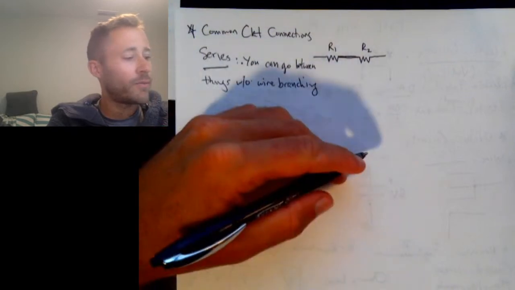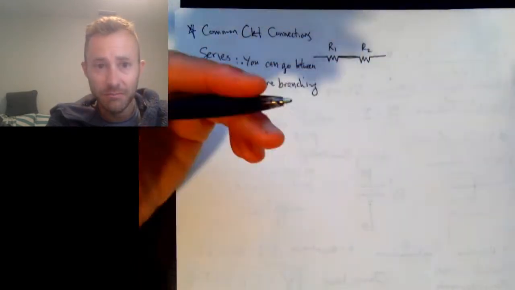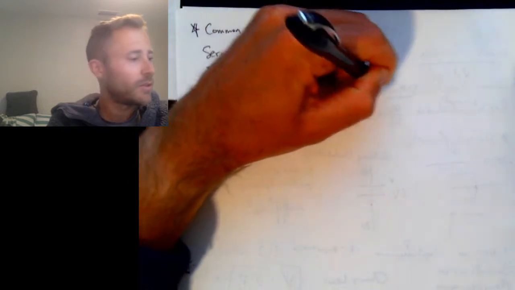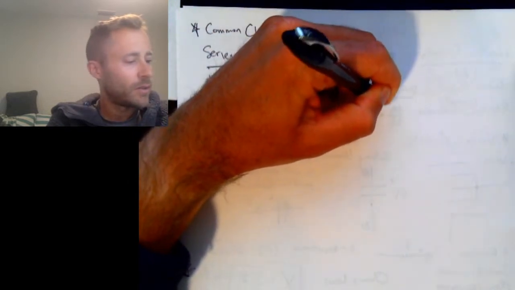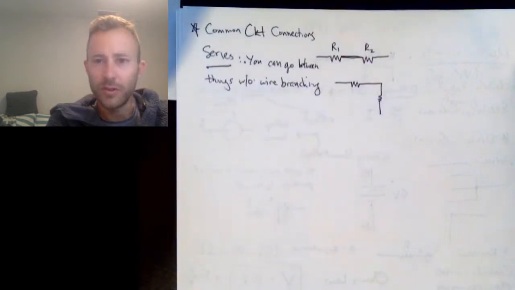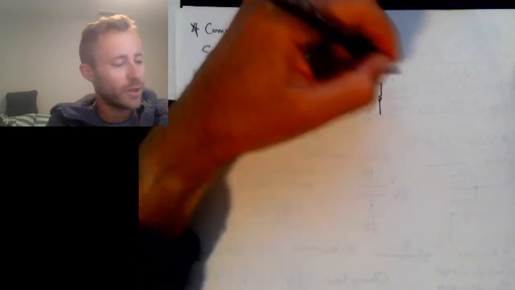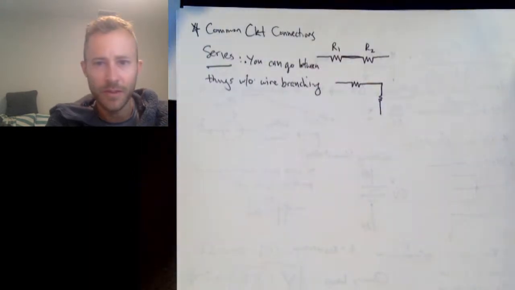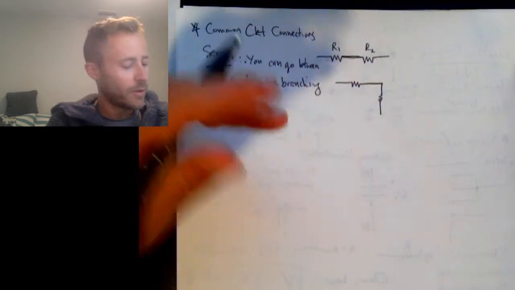You can have the wire bends. Like you could have something like this. Those are still in series because I could just go from here to here. There are still no branches. The wire isn't branching off.